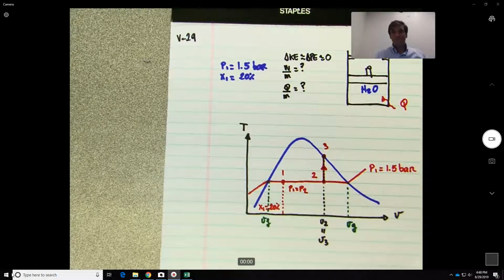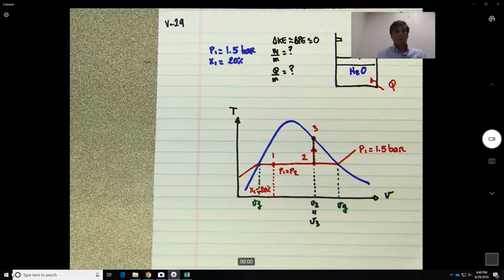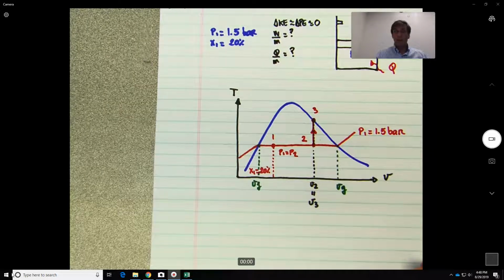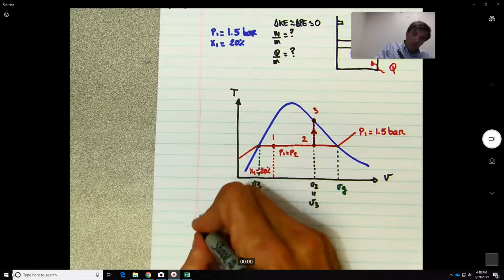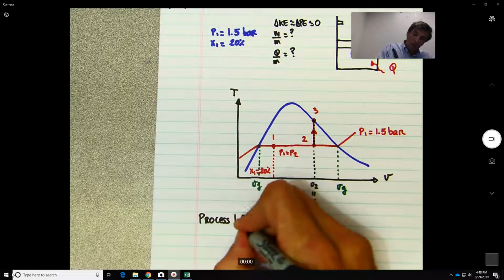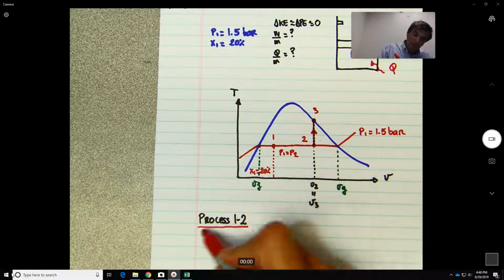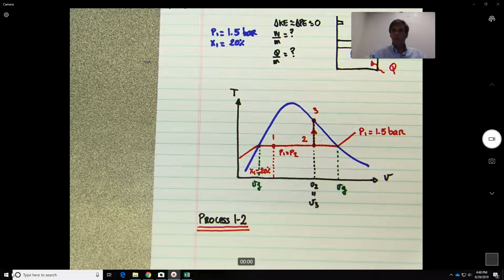All right, so let us try to simplify this problem. First thing we can do maybe is to see what's happening in process 1-2, and then we can move to process 2-3.